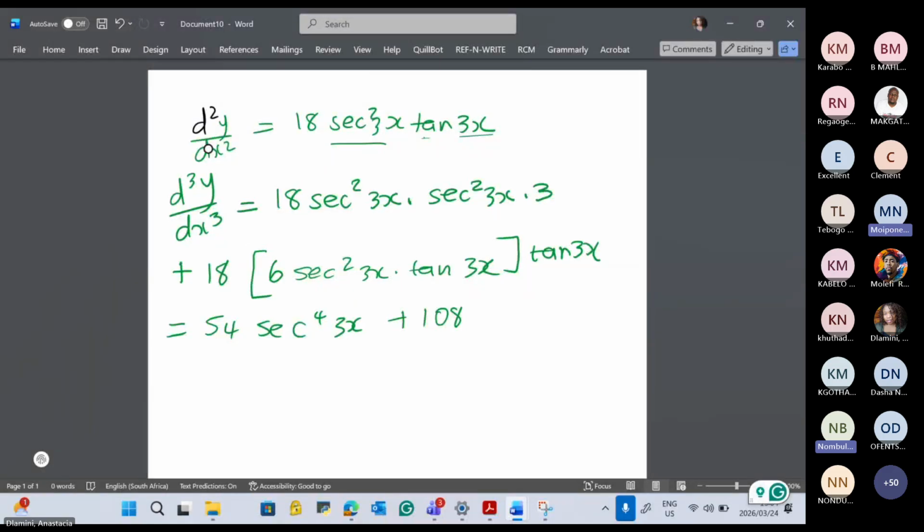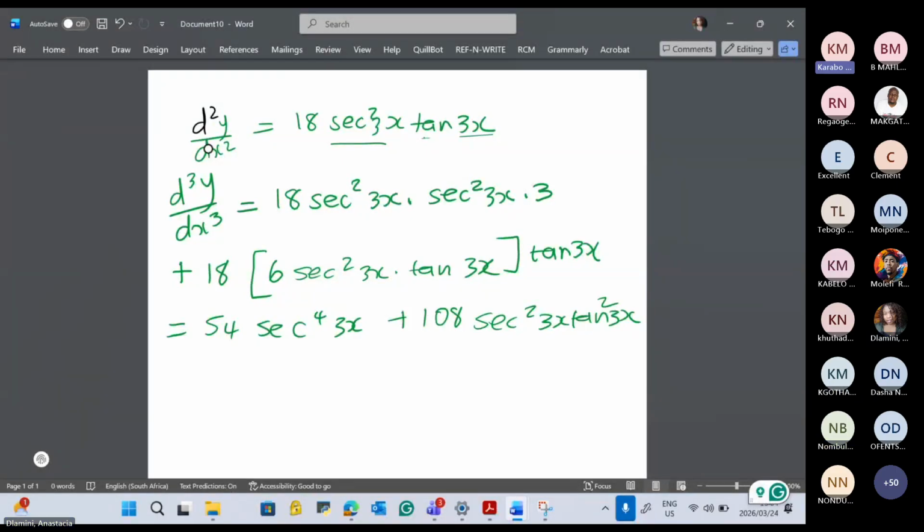No, we didn't. Sorry. Wait. I think we want to check if we use the identity and if we don't use the identity, are we getting the same answer? That's the question. No, we are not getting the same answer.